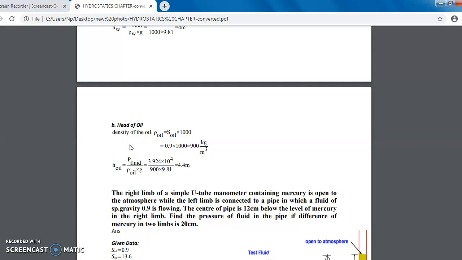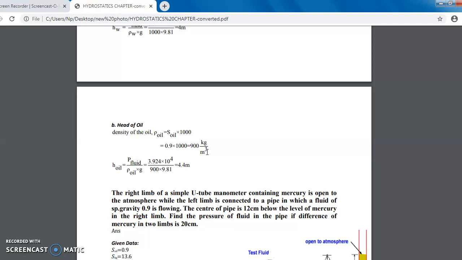All of you know that the specific gravity of the oil is equal to the density of the oil divided by the density of water. So the density of the oil is equal to the specific gravity of the oil into 1000, that is 0.9 into 1000. What will we get? 900 kg per meter cube. This is the density of that oil.